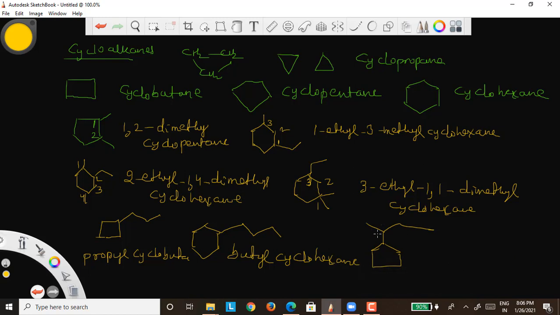So what will this name be? This is 1, 2, 3, 4, so you have butyl. This is also butyl cyclohexane. Now you can have it like this also.